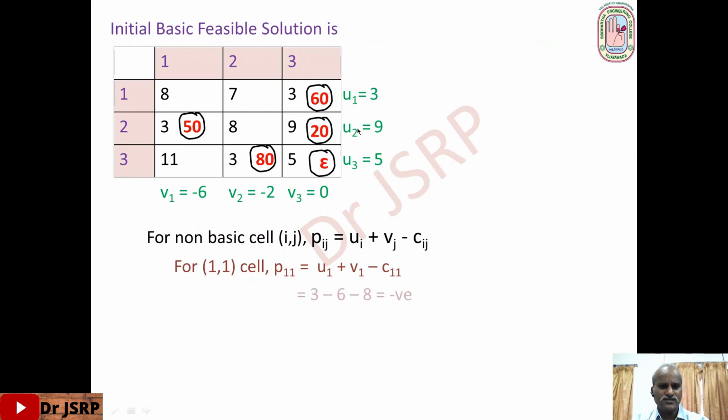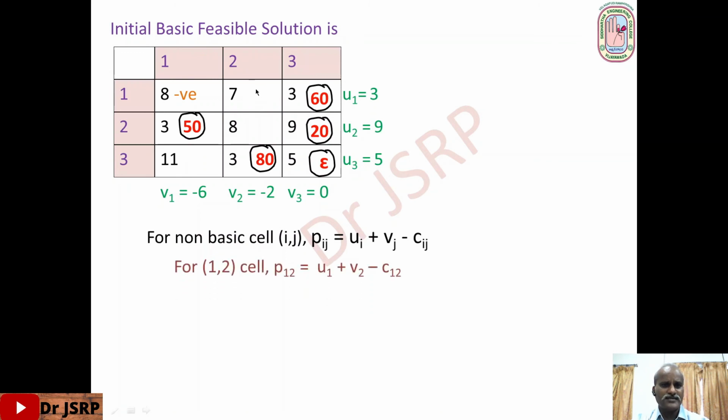That is U1 3 plus V1 minus 6 minus C11 cost 8. So this is negative. If this value is negative, you need not simplify it, you can write just negative. So P11 is negative.